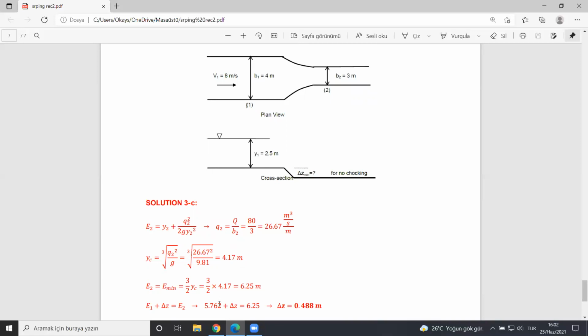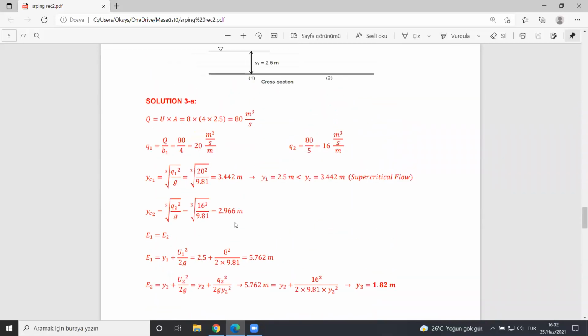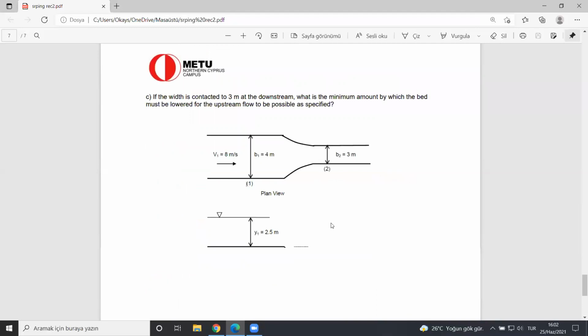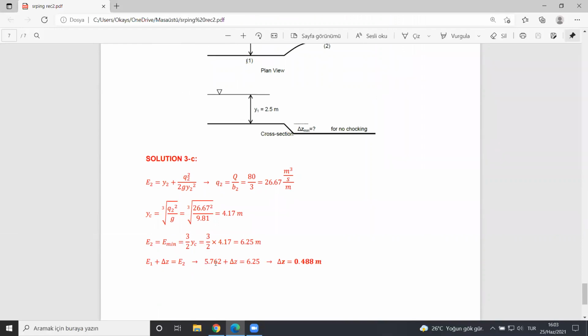We calculated the energy at section 2 from the critical energy equation, which was 6.25. We calculated energy at section 1 in part A already. It was 5.762. It is still the same because we didn't change anything about section 1.